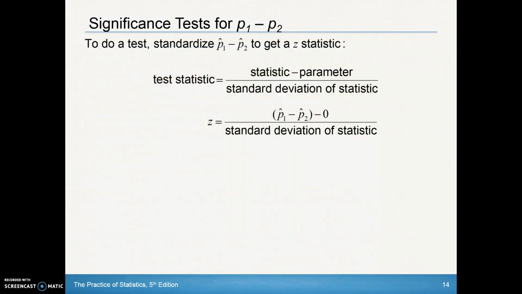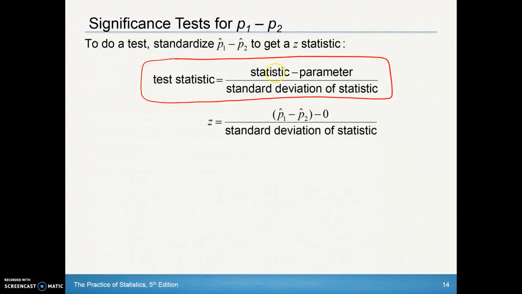So to do a test, this will be like box 3. Our general statement is always: our test statistic is our statistic minus our parameter, divided by the standard deviation of the statistic. Our statistic is the difference in those two sample proportions.